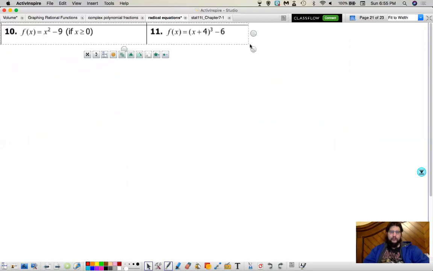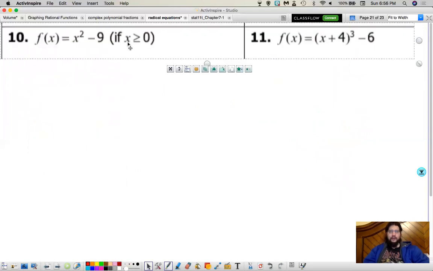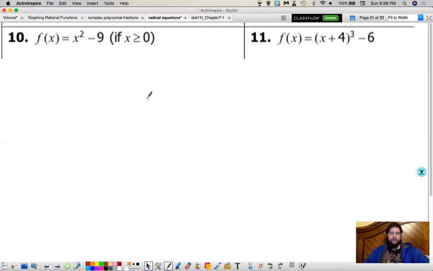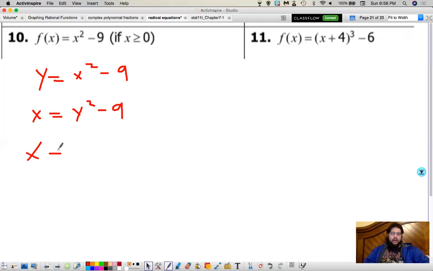Okay. So here we go. We're looking at x greater than or equal to 0. So that's the parabola, but only the right half. So we can do it. It's 1 to 1. Now, usually when we take a square root, we can do plus or minus, right?